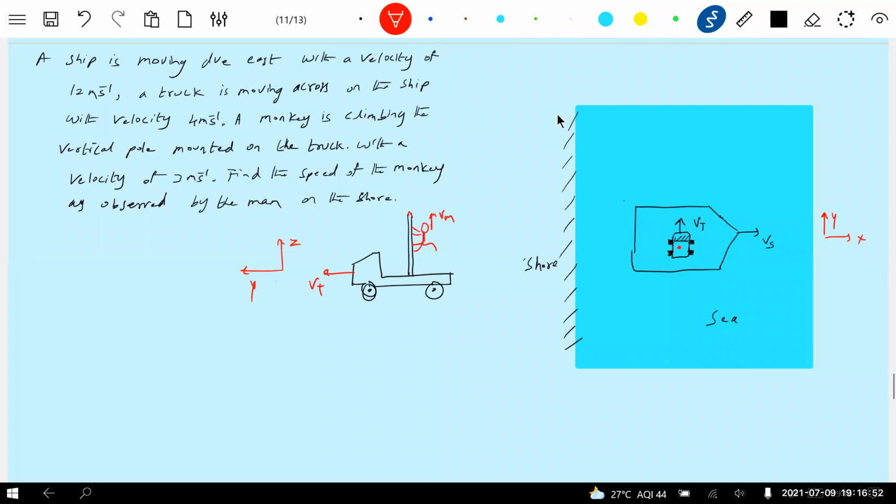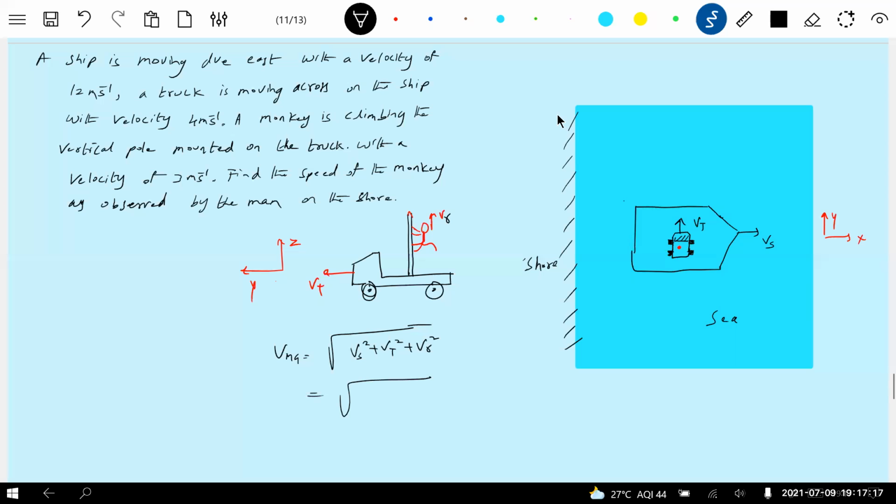Okay, now what should we do? We have to just go for the resultant of all these, no? So the total velocity of the monkey with respect to ground, I'll call this VR. It is the velocity of ship square plus velocity of truck square plus the monkey's velocity square equals VR square.